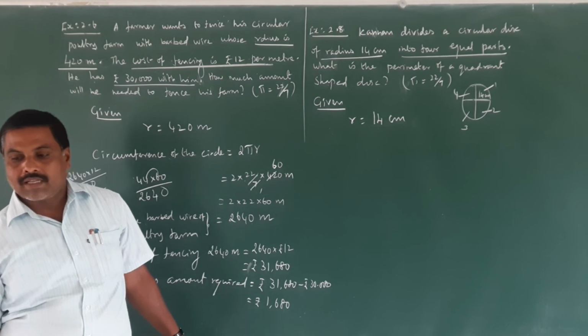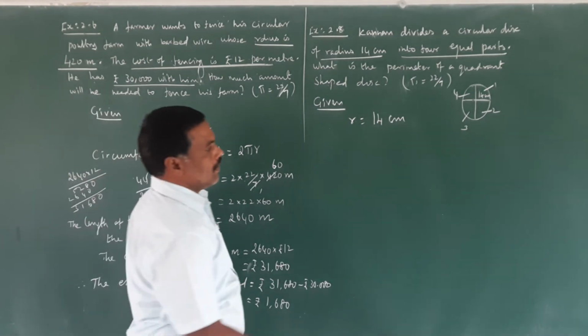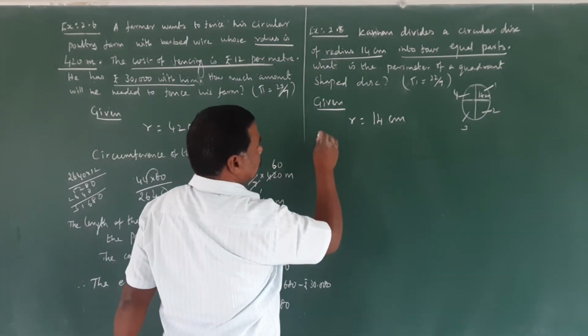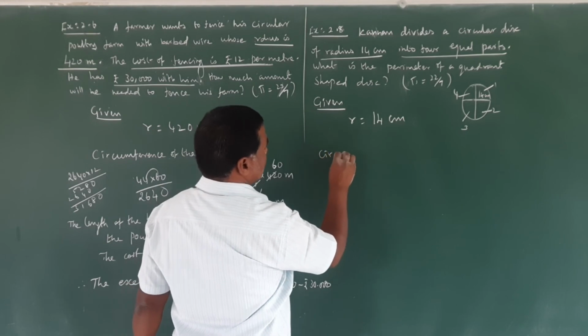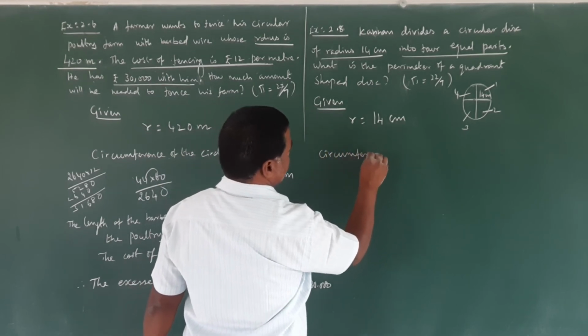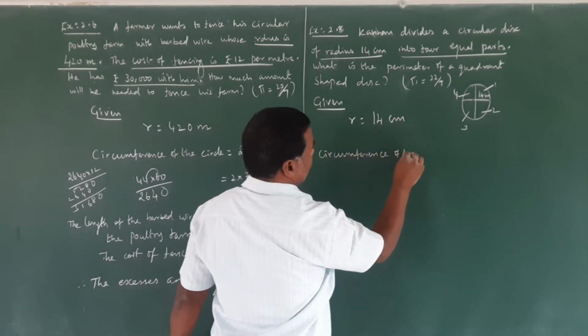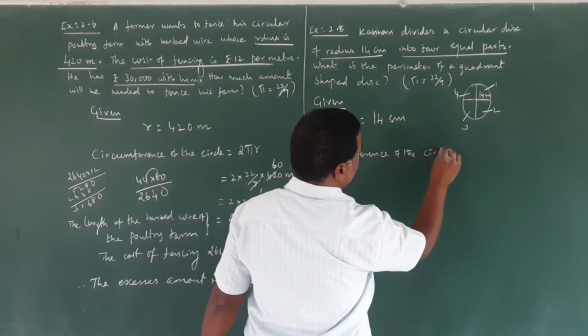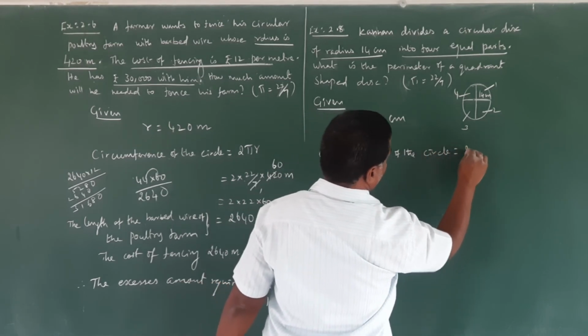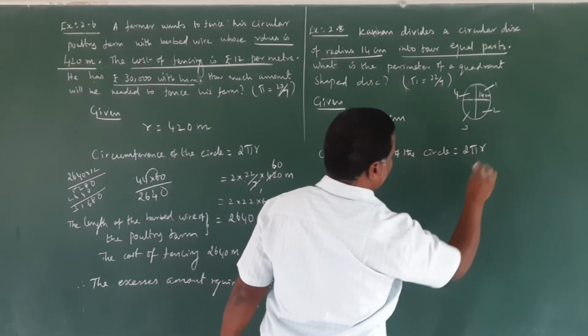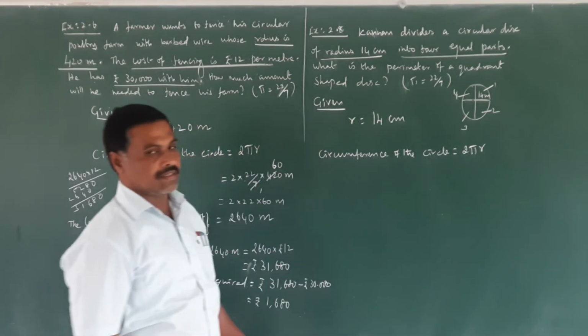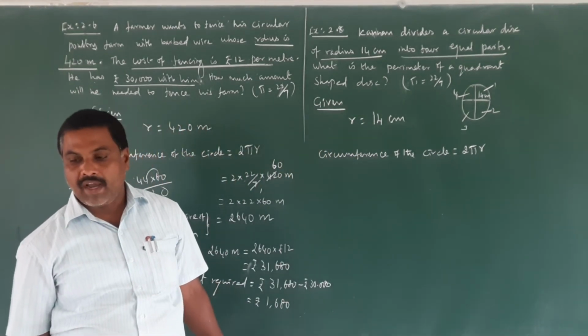Now the circumference of the circle is equal to 2πr.